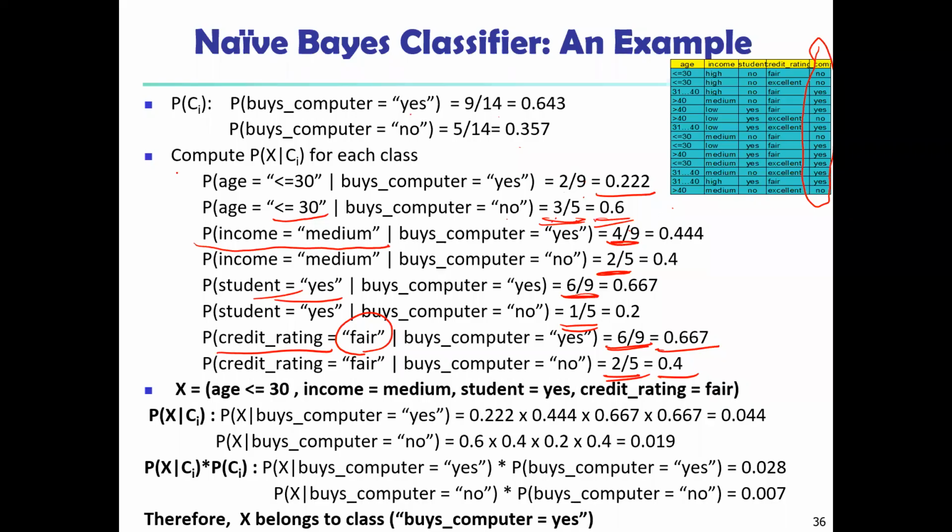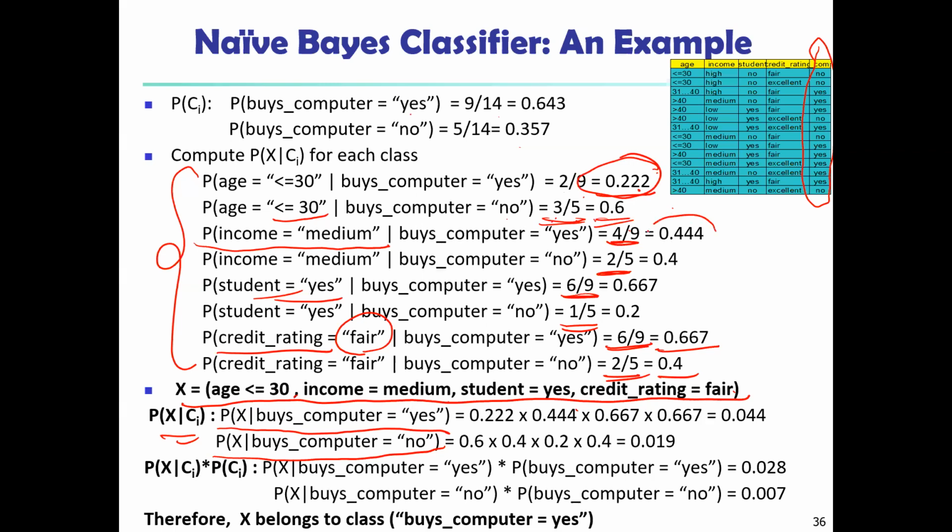So now after computing all P of X given Ci for each attribute, we need to find it for the complete X, where age is less than or equal to 30, income is medium, student is yes, credit rating is fair. What is P of X given Ci here? First P of X given buys computer yes, and P of X given buys computer no. For yes: 0.222 into 0.444 into 0.667 into 0.667.